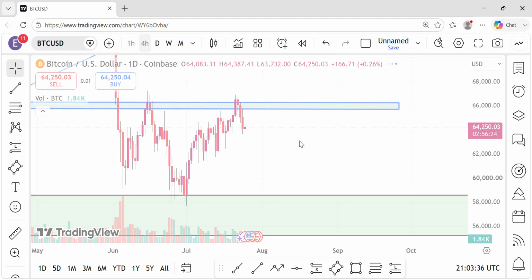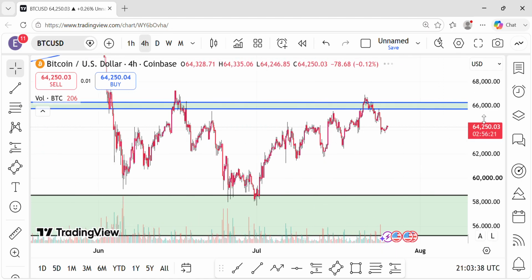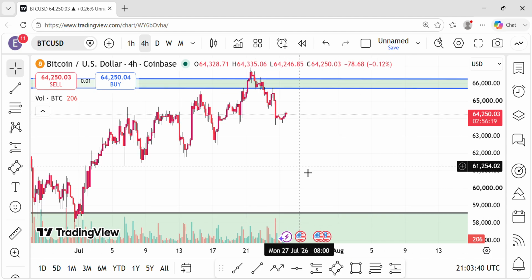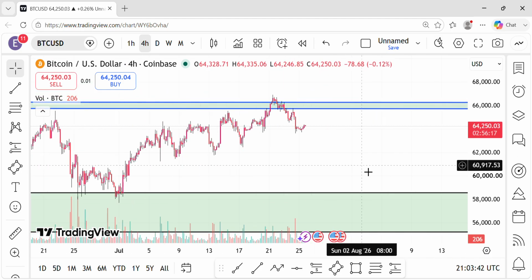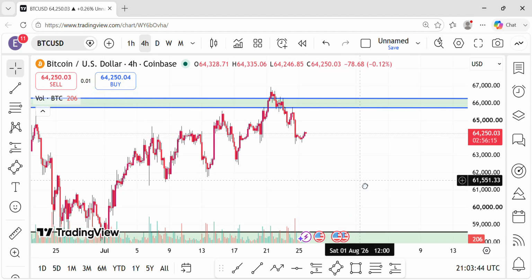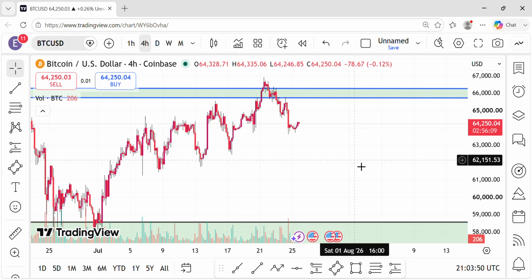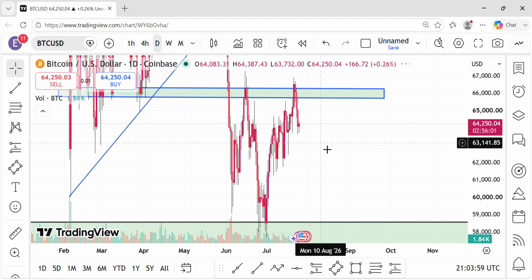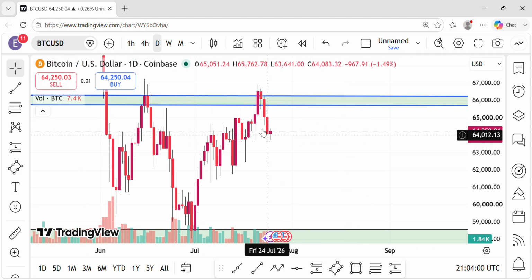So as traders, we have our execution side of the trade, that's mainly on the 4-hour and also on the daily, but now we need to come on the 4-hour due to how compressed these candles look.